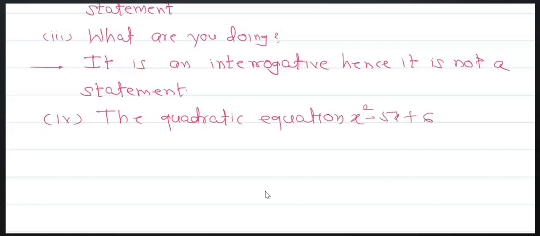Fourth, the quadratic equation x square minus 5x plus 6 equals 0 has two roots.